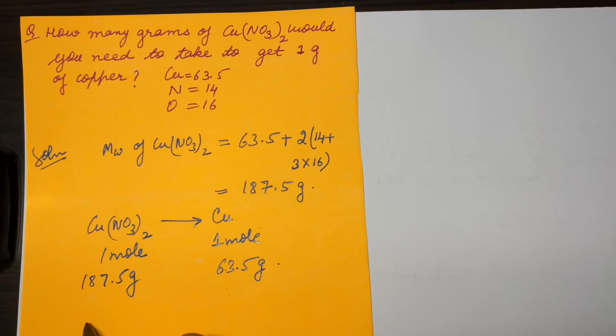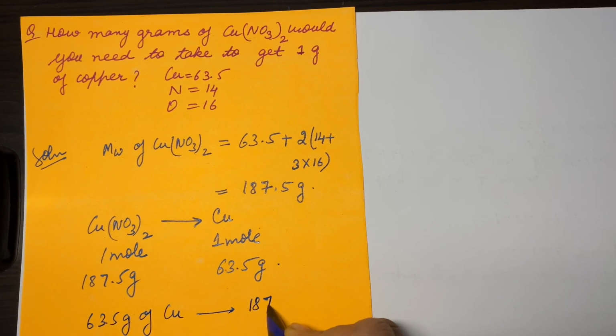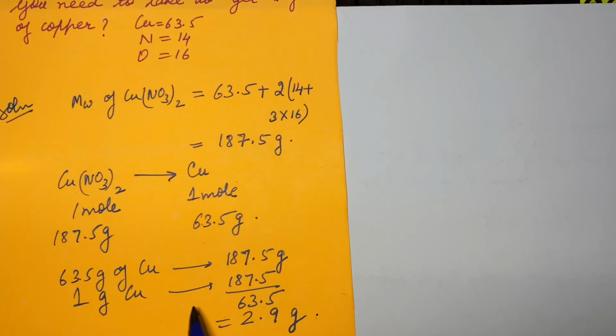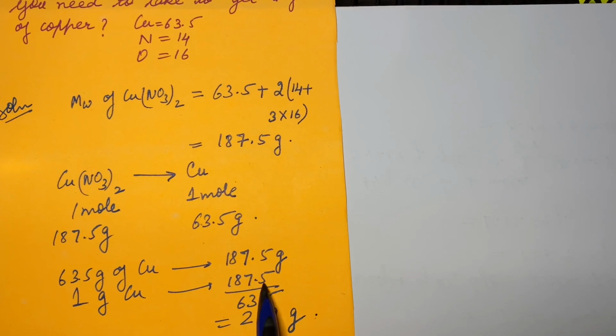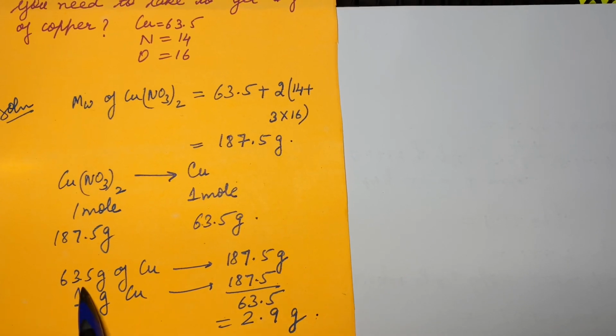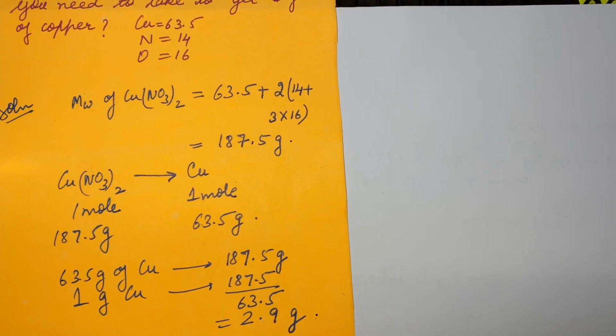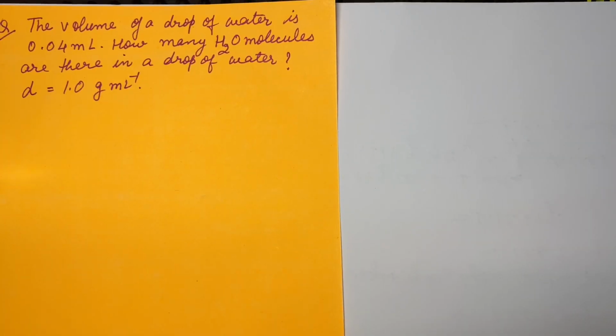So, you can write down that 63.5 grams of copper can be obtained by 187.5 grams of copper nitrate. So, 1 gram of copper will be obtained by 187.5 grams divided by 63.5 grams, and we will get 2.9 grams approximately. Now, the next one.